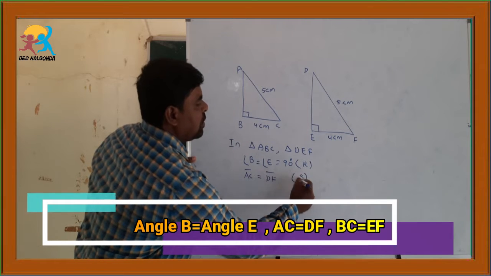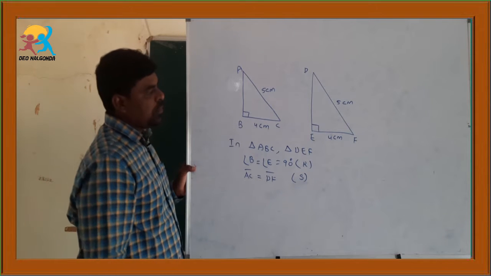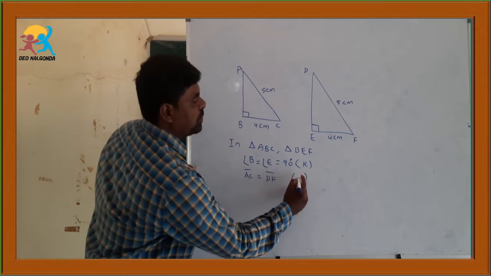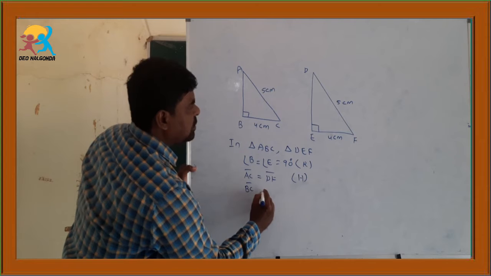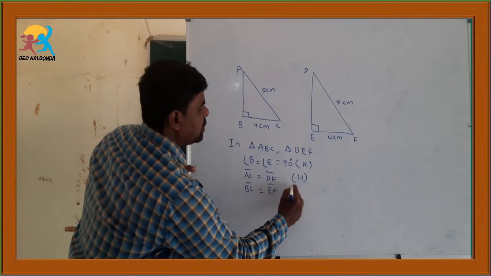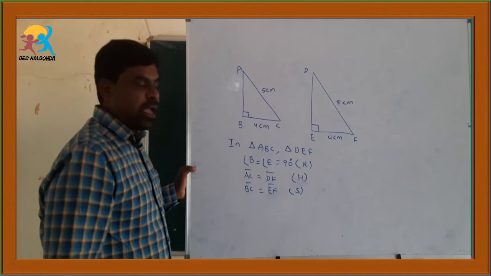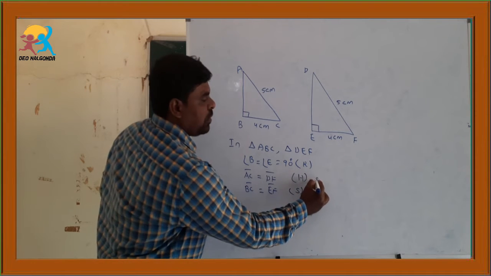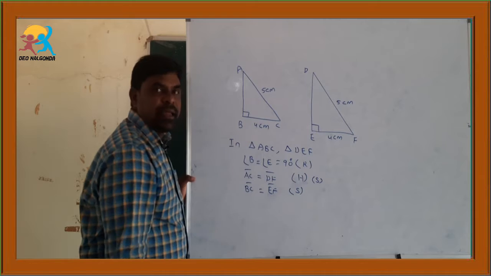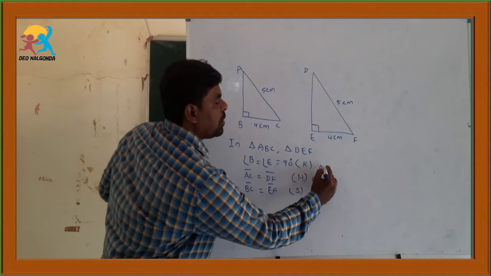It is called as the hypotenuse, and BC is 4 centimeters and EF is 4 centimeters. It is taken as side. Actually, here hypotenuse is also nothing but the side, and this right angle is also called as angle.